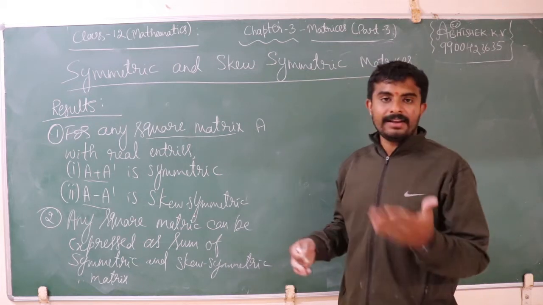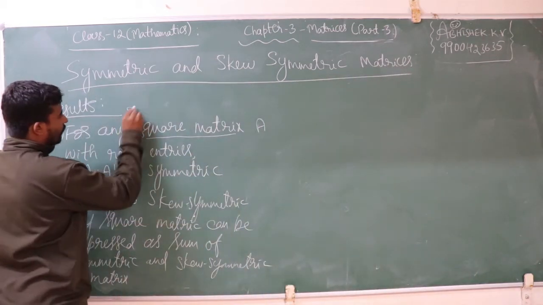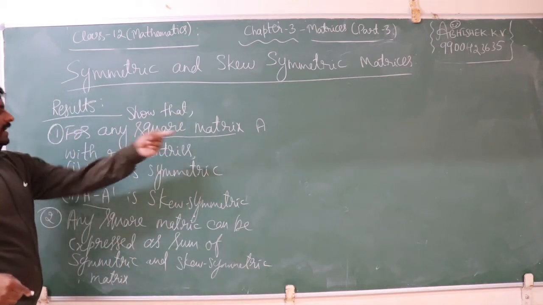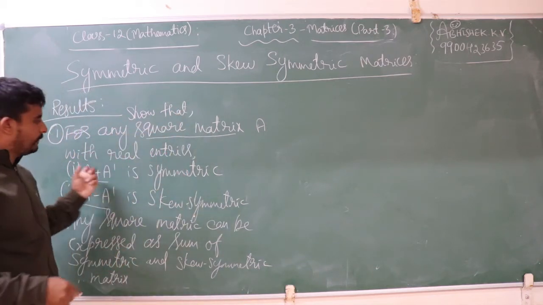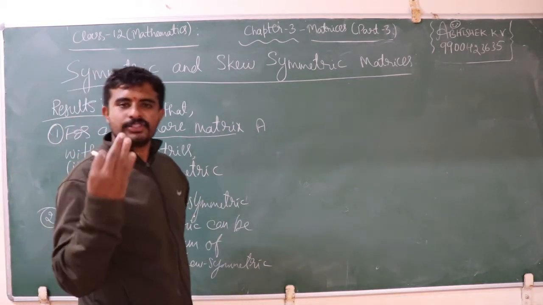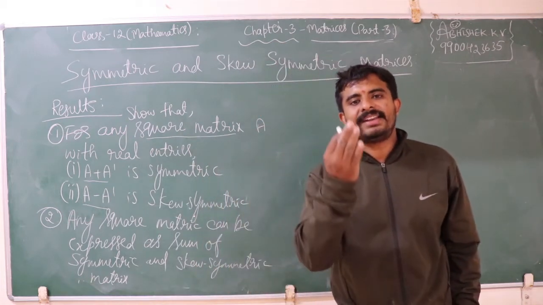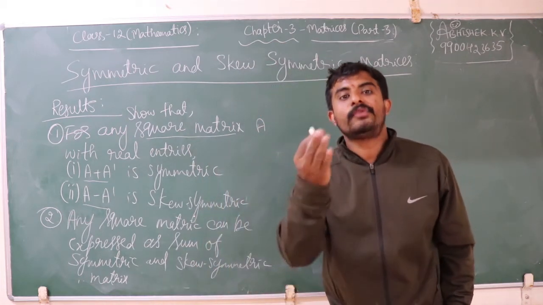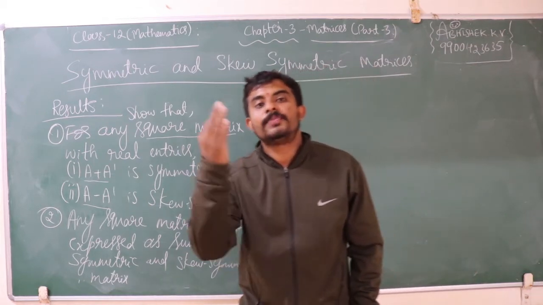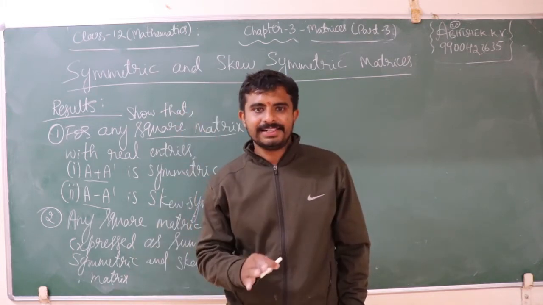How? See, the examiner asked me this question in 2017. Show that for any square matrix A with real entries, A plus A transpose is symmetric, A minus A transpose is skew symmetric. As you all know, the definition of symmetric and skew symmetric matrix: a square matrix A is said to be symmetric if A transpose is equal to A. A square matrix A is said to be skew symmetric if A transpose is equal to negative of A. Is it clear?